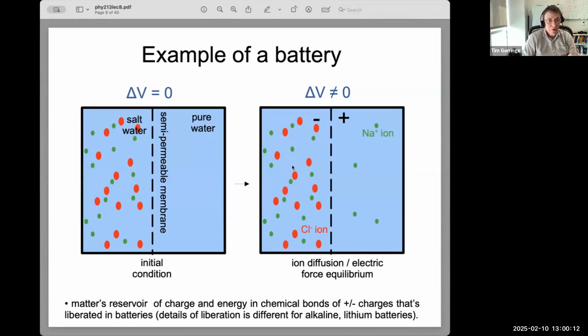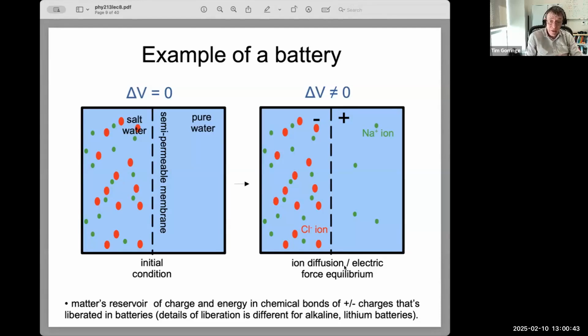Now, again, this doesn't go on forever. We don't have all the sodium ions walking over to the right-hand side. As sodium ions move from the left to the right, there's a charge build-up, negative and positive on the left and right. That means that there's an electrical potential that grows on the left and right. That electrical potential becomes a hill that the sodium ions have to walk up.